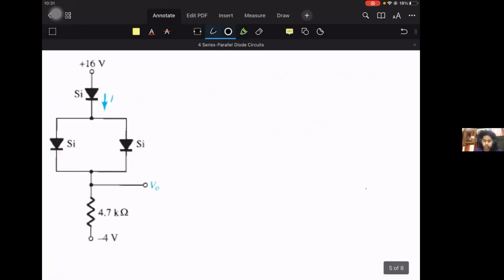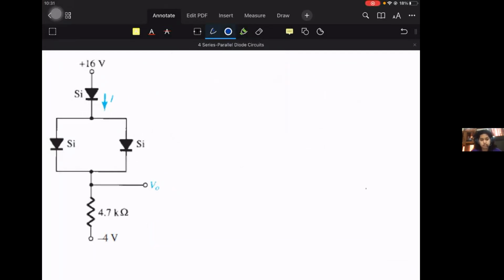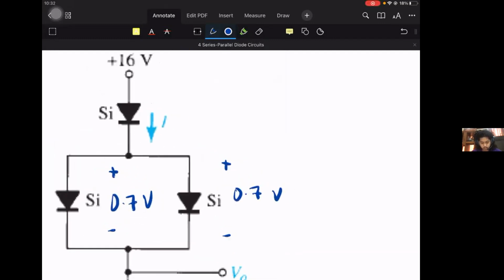About this one. Okay, so duha sila silicon, no? So practically, dungan sila mo turn on, of course. And I dropped din at 0.7 volts. Let's label each of these as diode 1, diode 2, and diode 3.